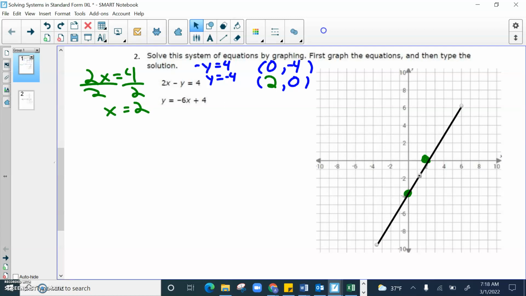Draw a nice straight line. So one down. All right, now this next line, right, is in slope-intercept.